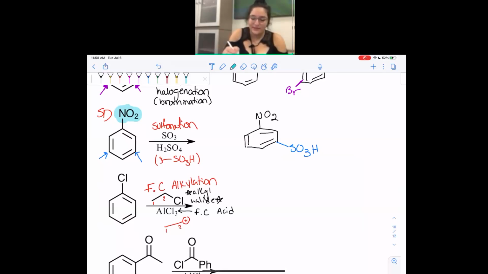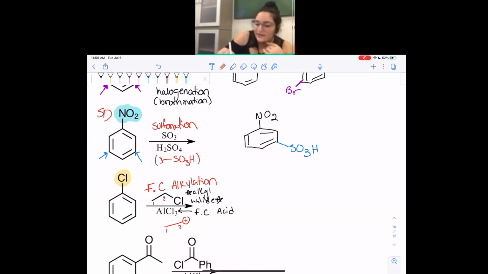All right, next step, we're going to see, is this an activator, a weak deactivator, or a strong deactivator? Okay, we got a couple different answers.